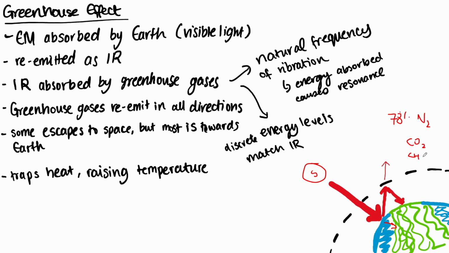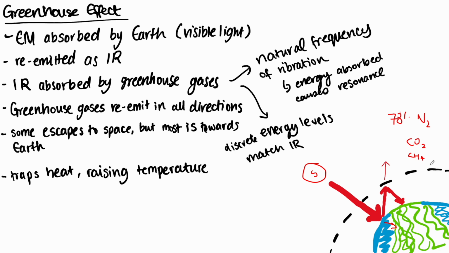But these gases in the atmosphere, CO2 and CH4 and other greenhouse gases, because of their natural frequency of vibration, absorb infrared radiation, and this causes resonance in the bonds, which then makes more infrared be re-emitted into the atmosphere and back to the Earth.